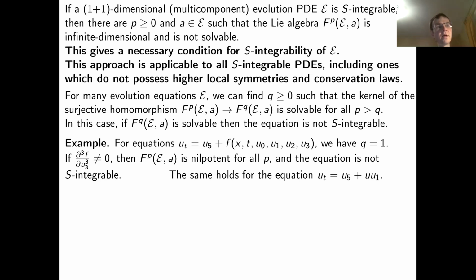And this means that if we switch to the Taylor series with respect to the spectral parameter, we get a zero curvature representation with values in an infinite dimensional Lie algebra.